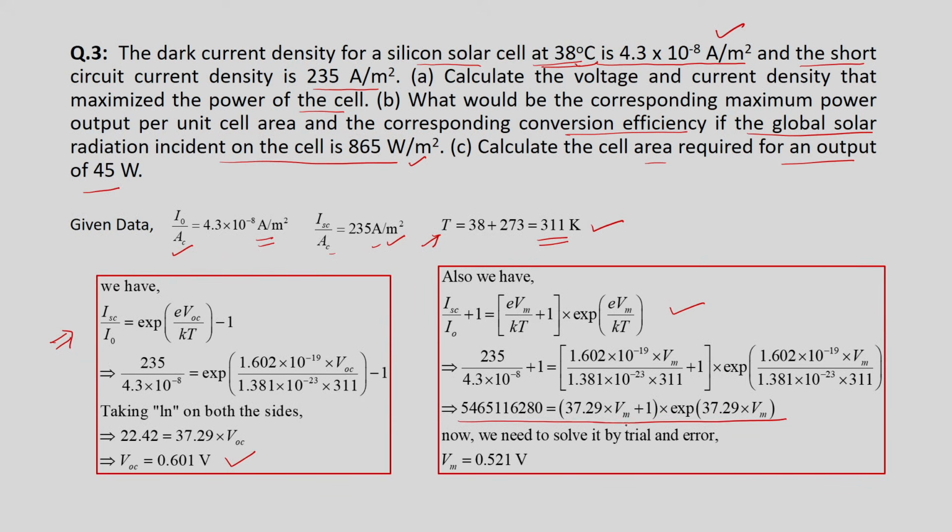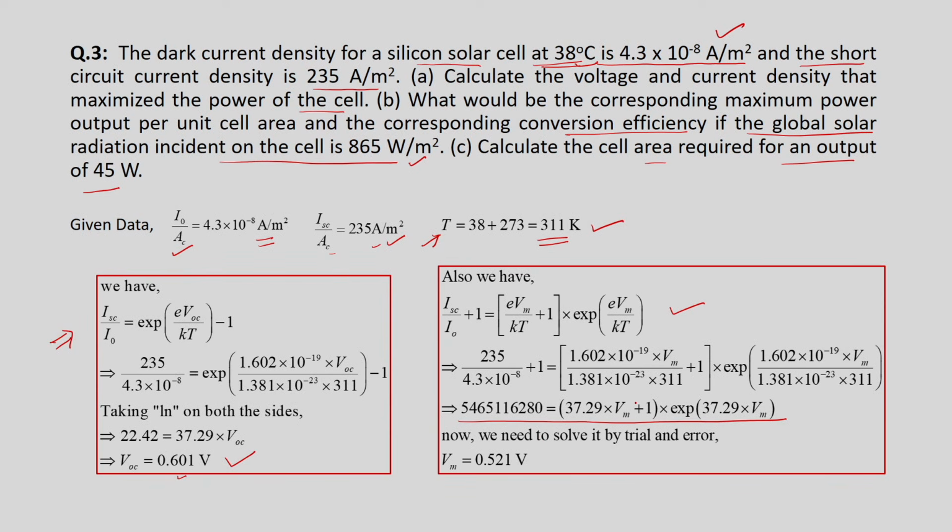We cannot solve these expressions straight away, so we need to solve by trial and error. We need some prior knowledge about VM, because already you know VOC is 0.601, so VM has to be less than 0.601.